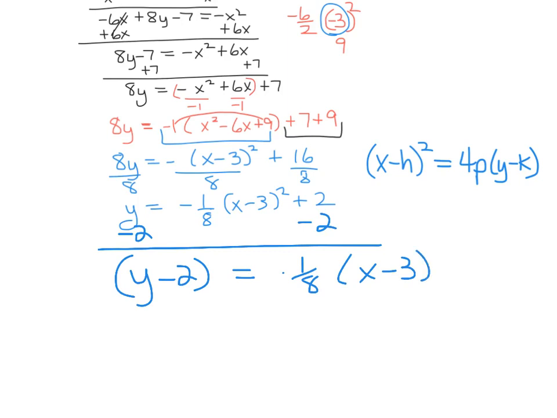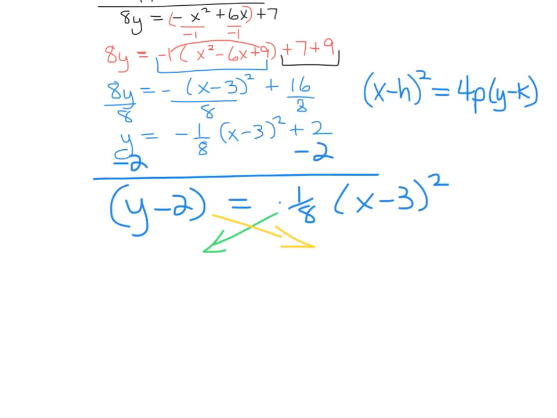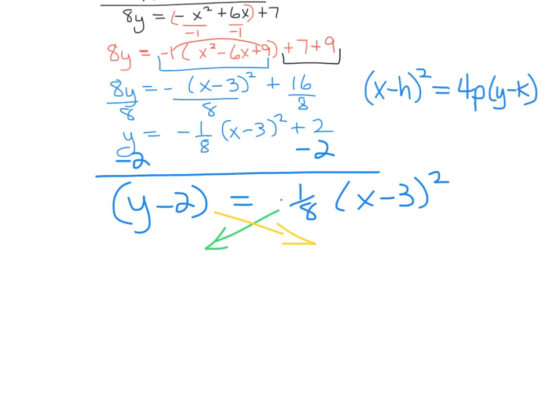Now, I need the square term on the left. So again, I'm going to flip-flop. I'm going to move that to there and that to there. And this has a negative in front. So -1/8 x minus 3 squared equals y minus 2.